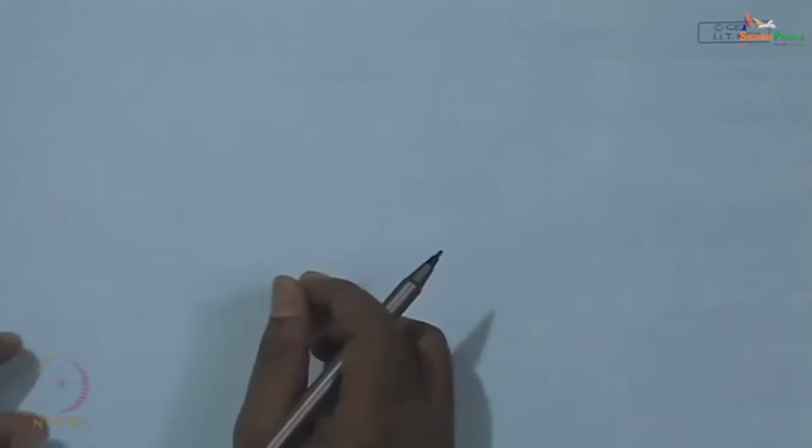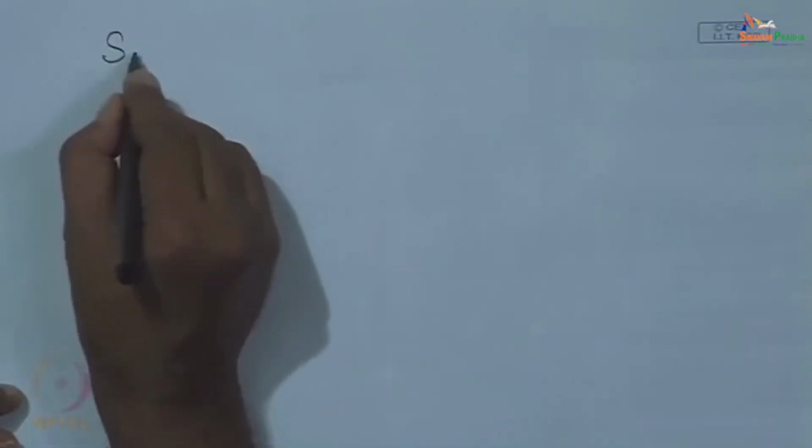Okay. Now, let us talk about two kinds of bifurcation. One is the saddle node bifurcation.